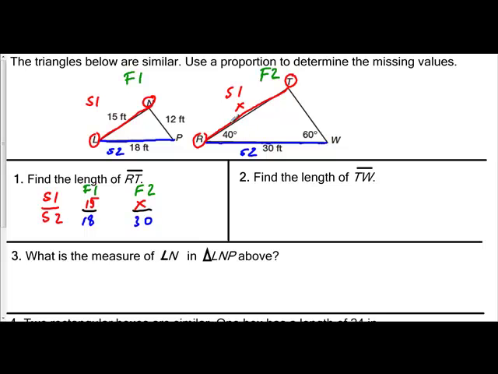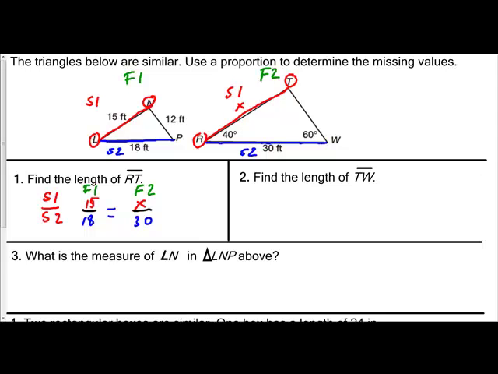So figure 2, side 1 is X, side 2 is 30, so it's a ratio of X to 30. So my side 1s are on the same side of the fraction bar, my side 2s are on the same side of the fraction bar. My information from figure 1 is on the figure 1 ratio, and my information for figure 2 is on my figure 2 ratio. So now I have 15 to 18 is the same as, oops, better put my equal sign there, same as X to 30.